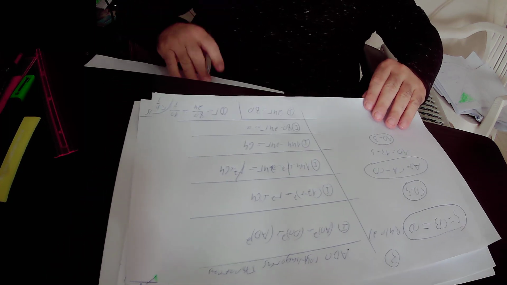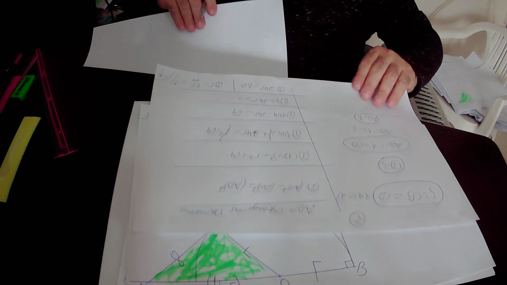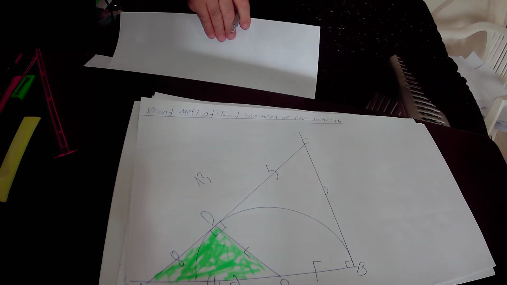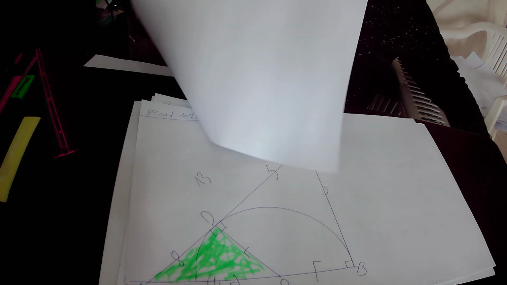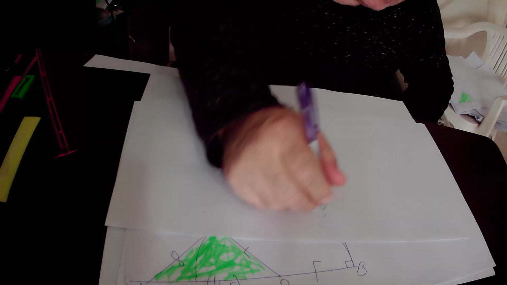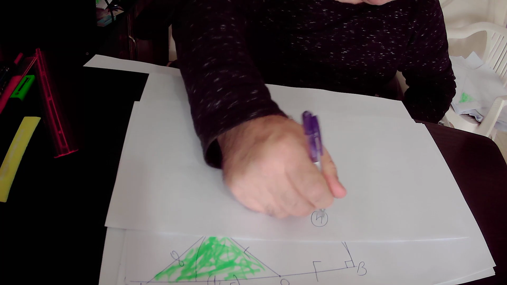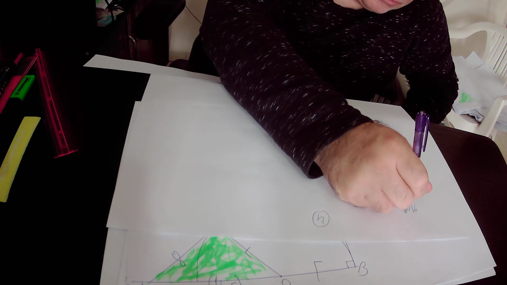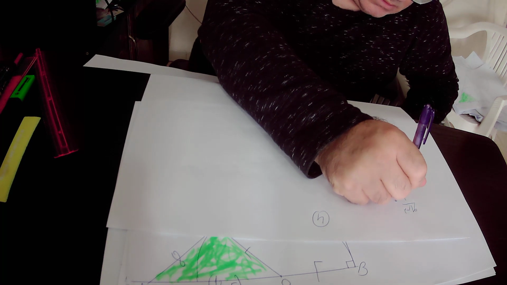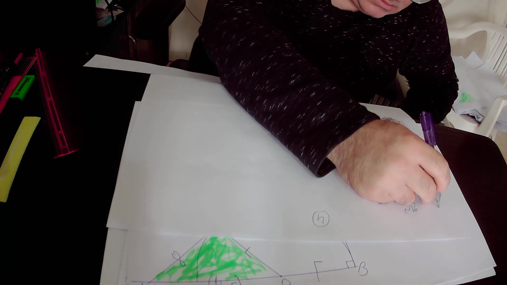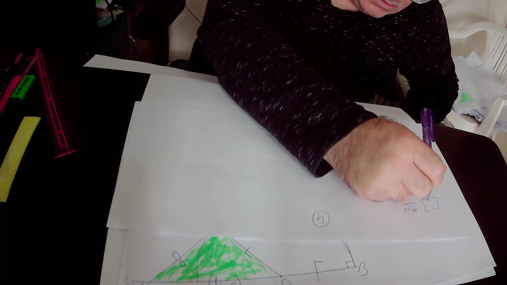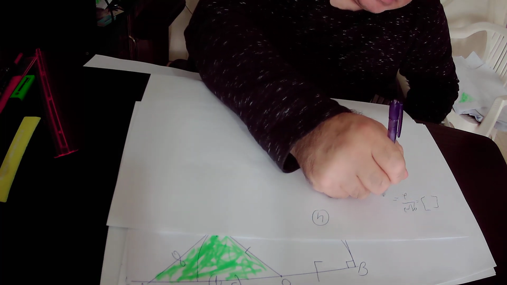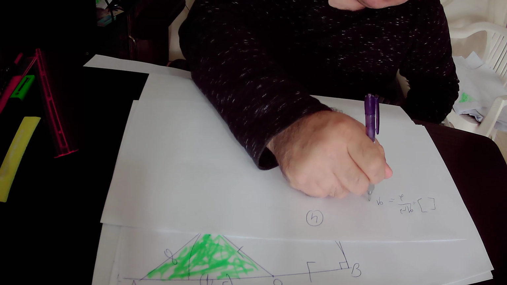and therefore the area of the semicircle will be equal to pi r square over 2. So it is pi and r is 10 over 3.